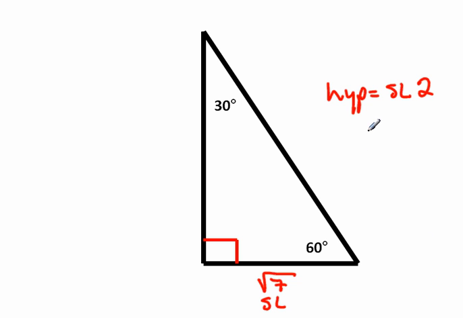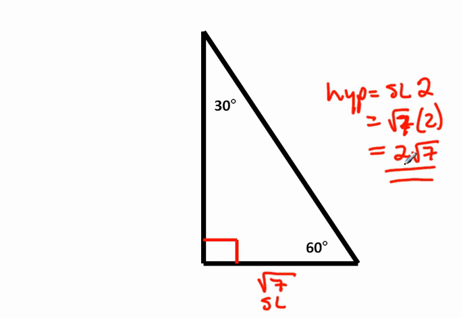So if the short leg is root 7, then the hypotenuse is going to be root 7 times 2. Now, what you have to be careful is when you multiply these two together, 2 isn't under a radical sign, so we can't multiply the 2 and the 7, so we would write our answer as 2 square root 7.